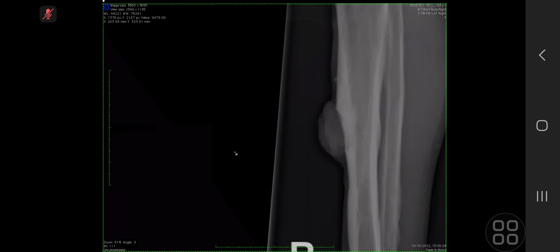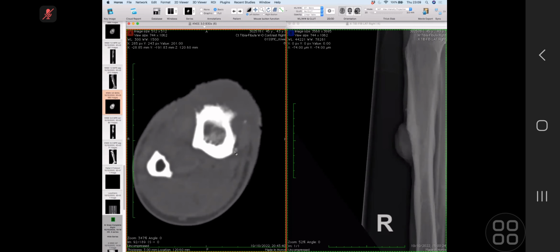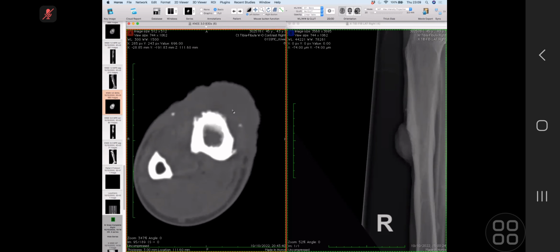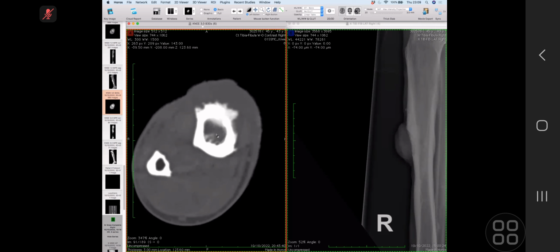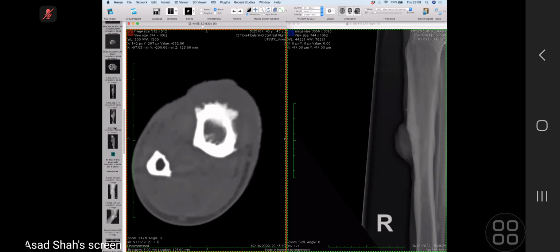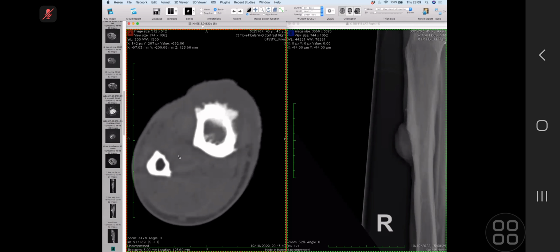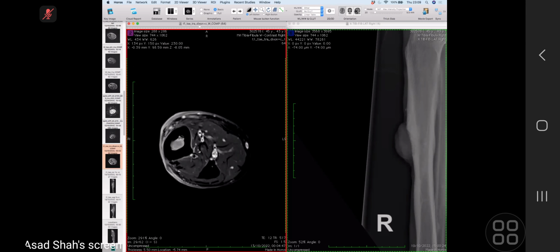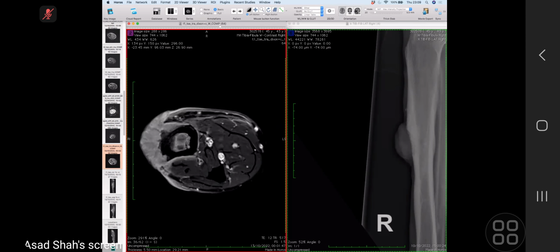Okay. So the $1 million question here is whether it was something there at the top and then secondarily got onto the bone, or it was in the bone and got out. Sometimes it's easy, sometimes it's not that easy. In this case, this is the post-contrast one, I think.